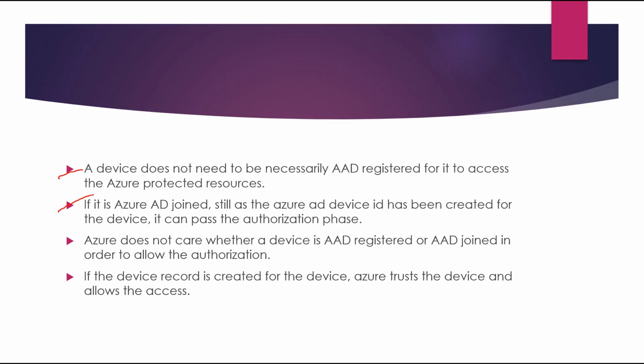And since Azure trusts the device, it is authorized to access any cloud protected application. So Azure doesn't really care whether it is Azure AD registered or Azure AD joined in order to allow that authorization. As long as the device record is created, irrespective of whether it is Azure AD registered or joined, it will be authorized to access that cloud protected resource.